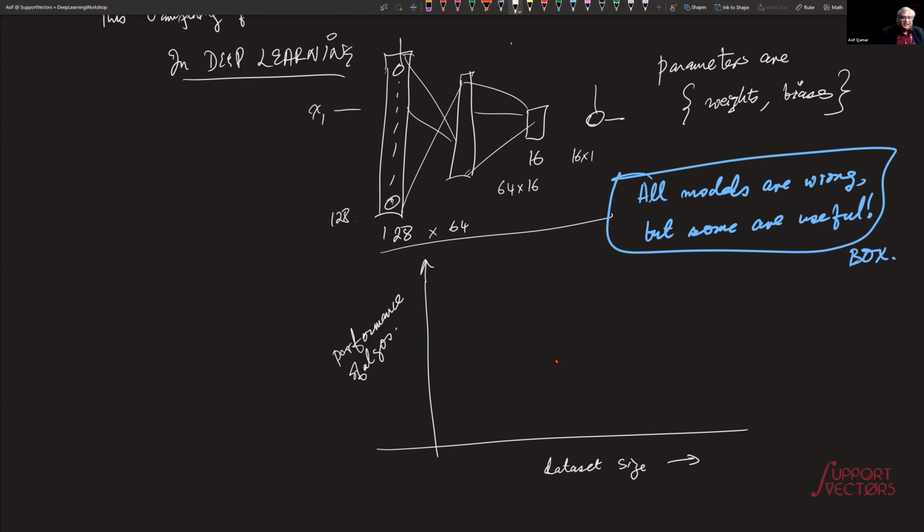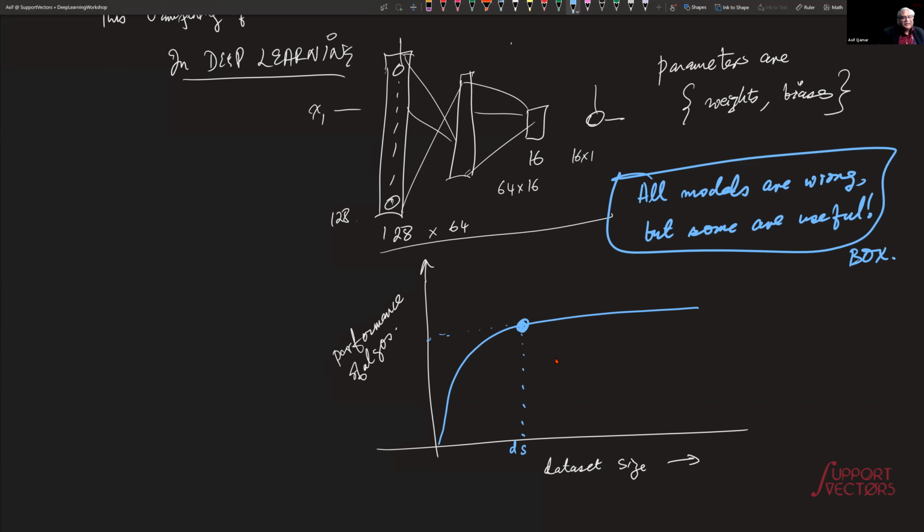What you notice is that classical, simpler algorithms rise up and reach a point of saturation. Do you see that this is a saturation point? Beyond some data set size, the performance of your model does not go up.